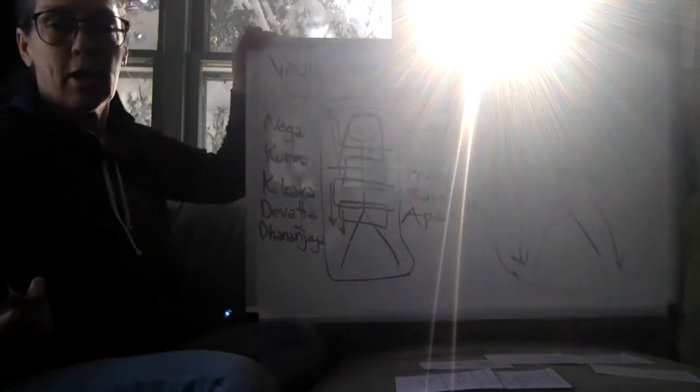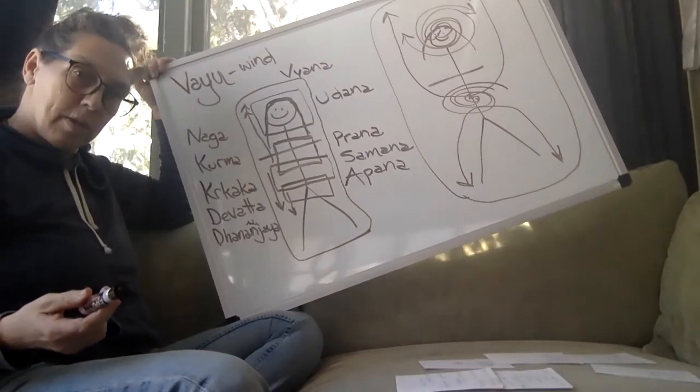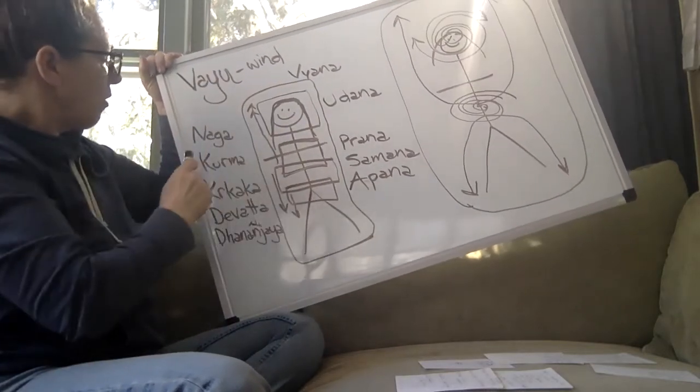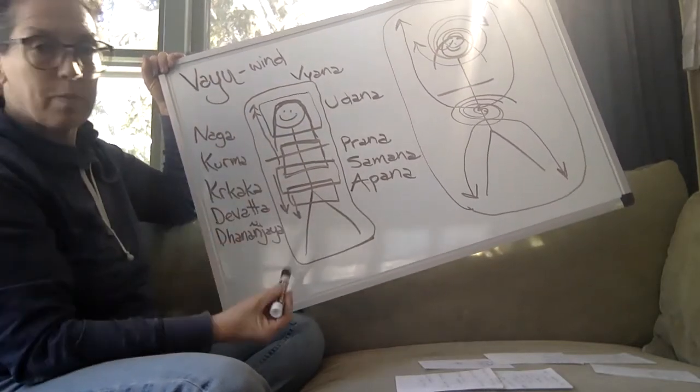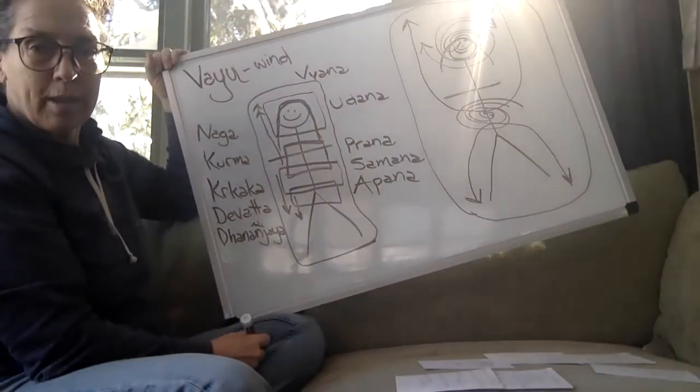I don't know if you could see that at all. There we go, I blocked out the wind. So 5 main Vayus, Panchavayu, 5 subtle Vayus, mini Panchavayu, I don't know what they're called.